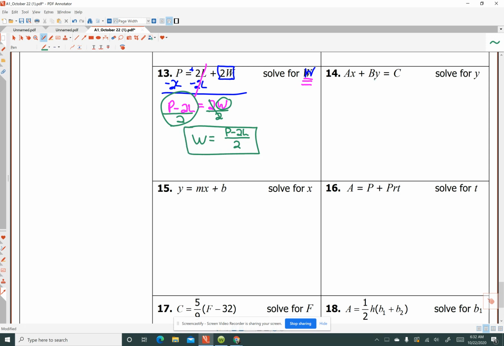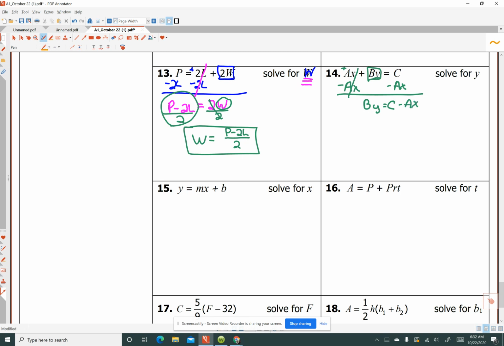In number 14, we're asked to solve for Y. These are multi-step equations. Y is locked in this term with B, so let's leave that alone for now. Let's isolate BY first. We have a positive AX here. So AX is being added to BY. So let's subtract that AX. Whatever we do to one side, we do to the other, which leaves us with BY equals C minus AX.